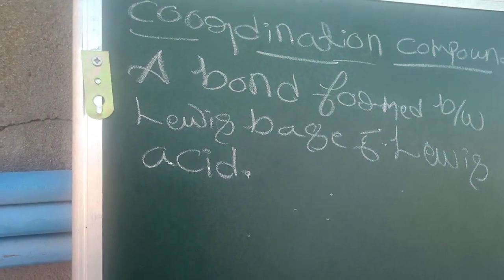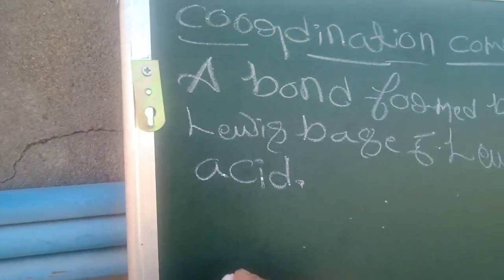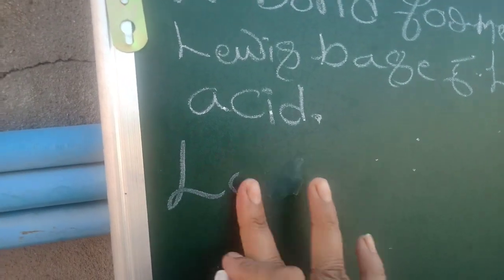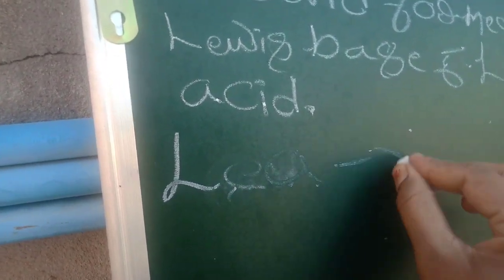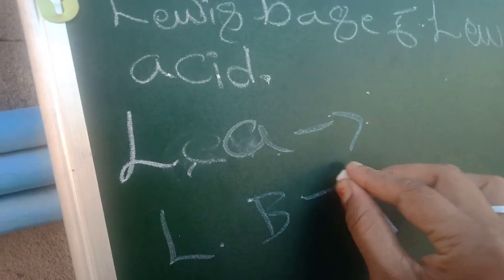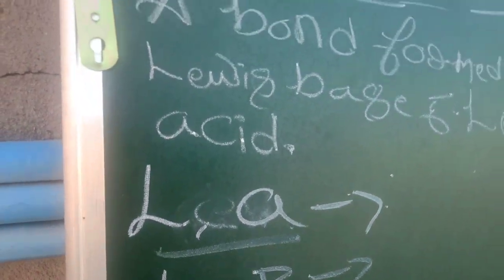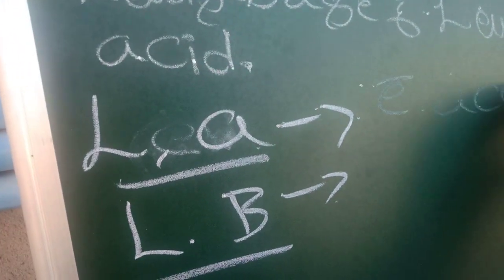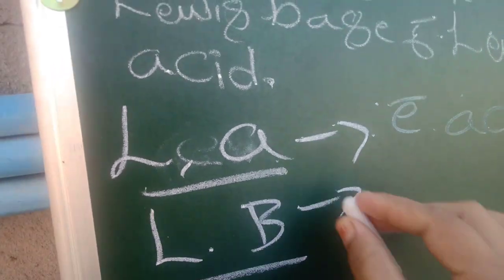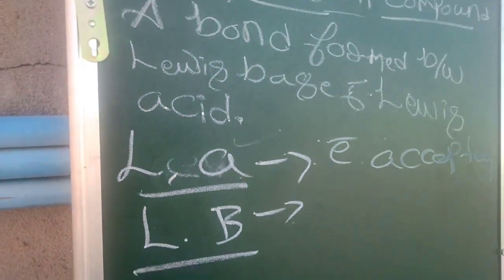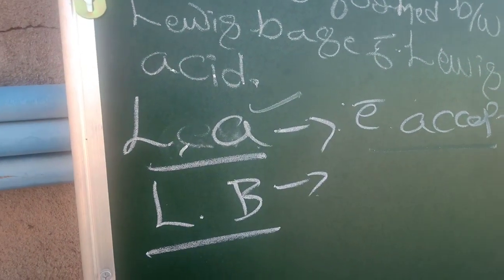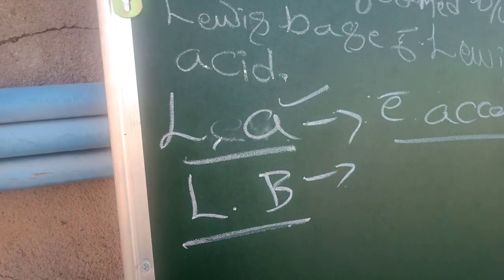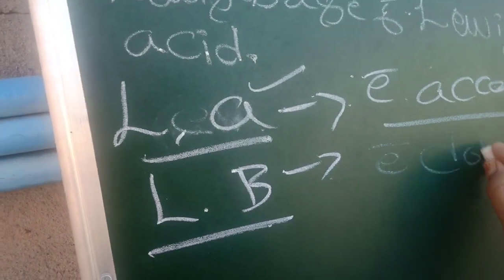So what do you mean by Lewis acid and Lewis base? A Lewis acid is an electron acceptor, according to some acid-base theory. A Lewis base is an electron donor.